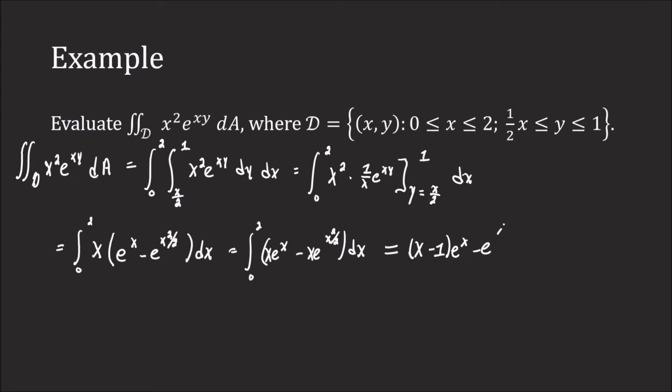Write that. And then this whole thing is evaluated from x equals 0 to 2. So what we get is e squared minus e squared plus 1 plus 1. I'm sorry, and that is 2. So this double integral evaluates out to 2.